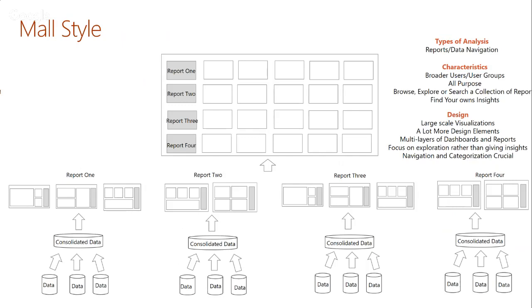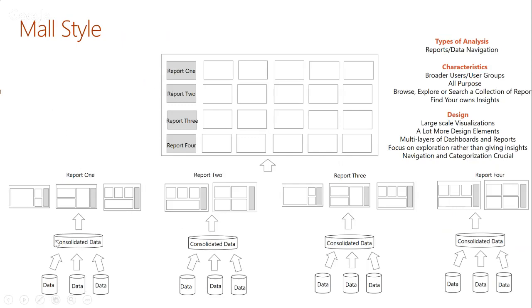For example, you have 5 or 10 different reports, but your management says, I want a consolidated view of all the key metrics, maybe 1 or 2 per report, and I want to see those in one spot. That's when it's super helpful to build a mall style visualization.